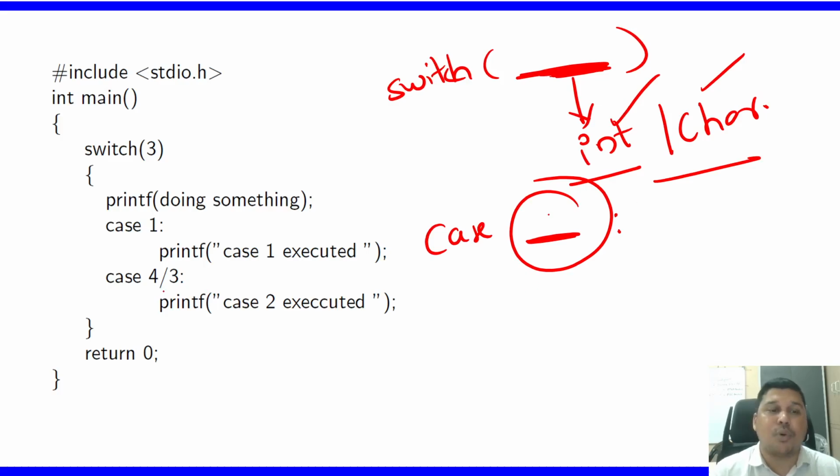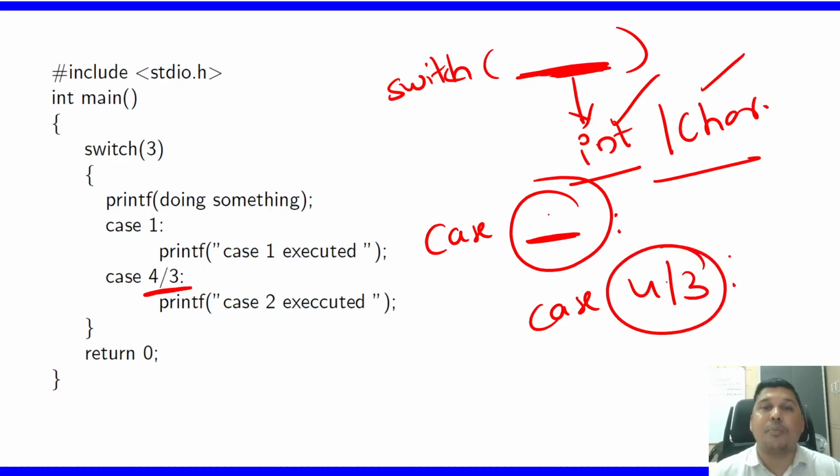Even if you write some floating point number like case 4 by 3, the compiler will implicitly convert this floating point number to an integer. So the meaning of this is case 1 only.